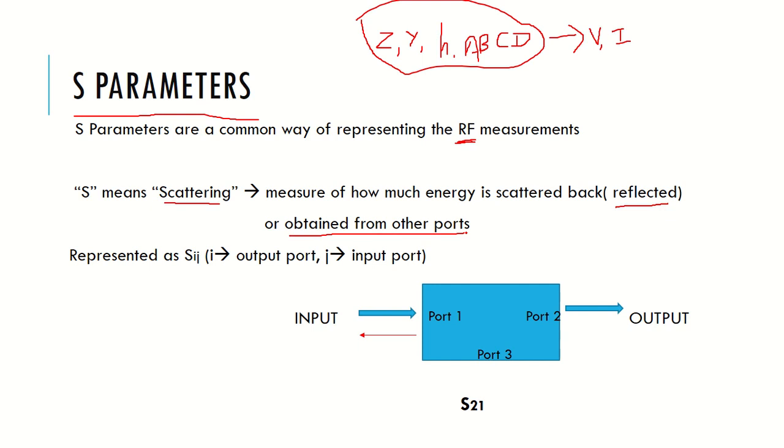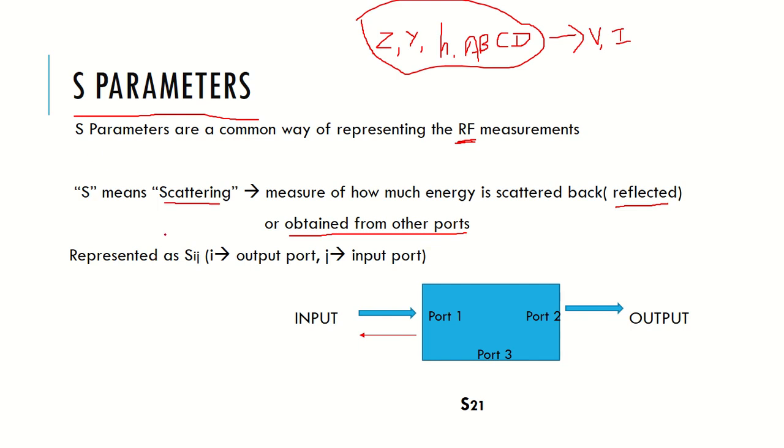It is a combination of various quantities of voltage and various quantities of current. So we cannot use the same Z, Y, H and ABCD we used in low frequency circuits here also. I need to define a new set of parameters which are capable of measuring at higher ranges, at RF ranges, and those kind of parameters are what we call the S parameters, where S stands for scattering.